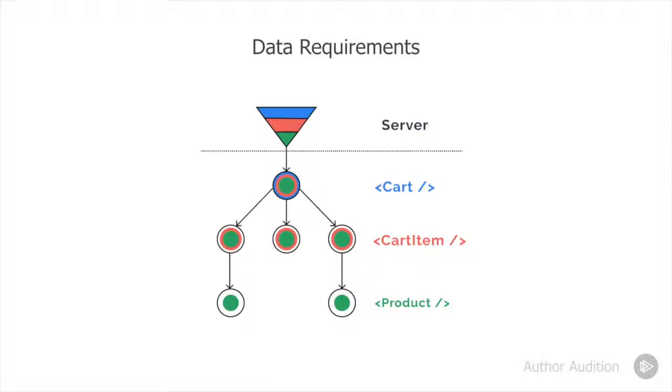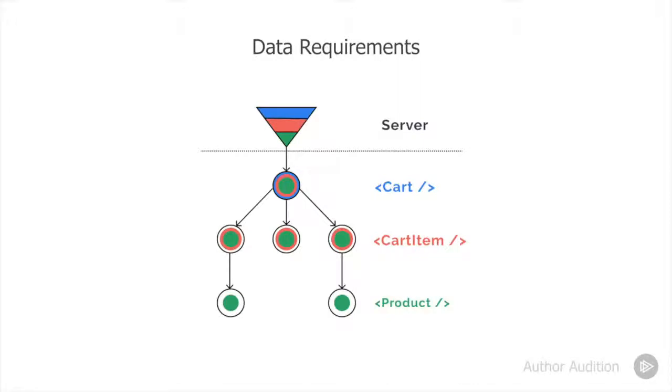So the cart item needs to know the product's data requirement, and the cart needs to know all the cart items' data requirements. Cart is going to send the request to our server, the server is going to return all this data, and we're going to pass the data down to our component tree.